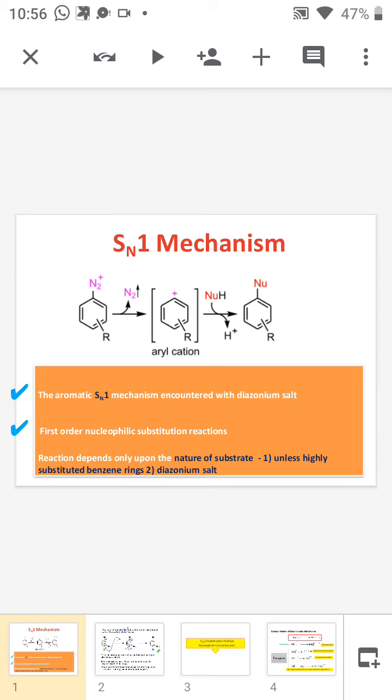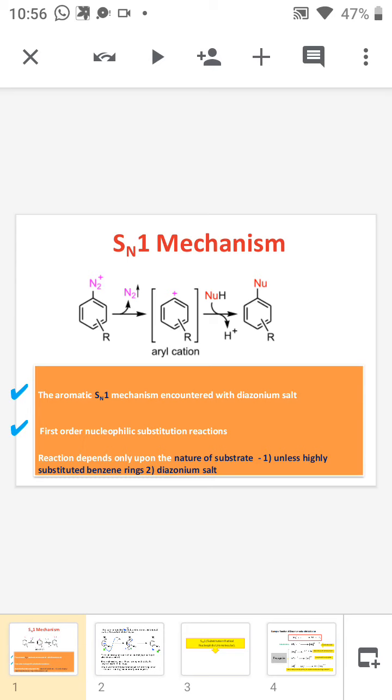In SN1 aromatic substitution reaction, usually the diazonium salt and a more substituted substrate is used, and it is a first order nucleophilic substitution reaction, and the reaction depends upon the nature of the substrate. We usually use highly substituted benzene, and the substituent must be electron withdrawing in nature, or a diazonium salt.